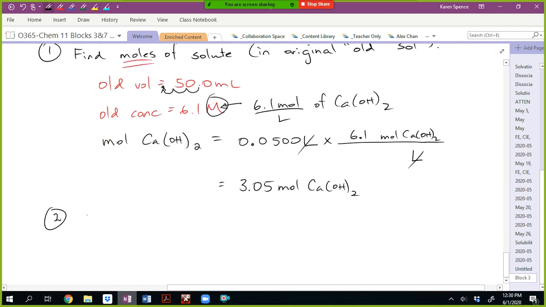Step number 2, we have found the moles of calcium hydroxide. To find our new concentration, we just take our moles and divide it by the new volume. Find the new concentration using your new volume.